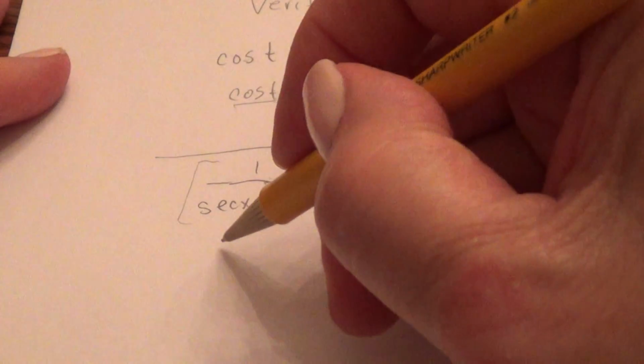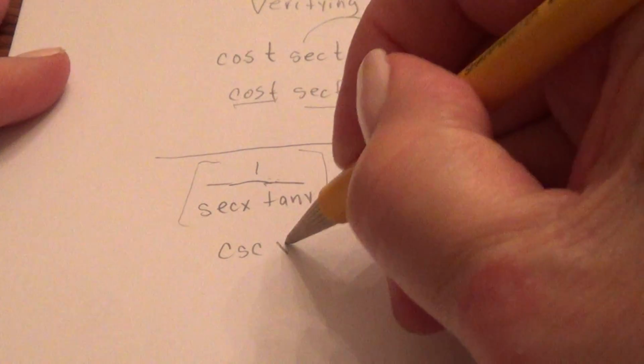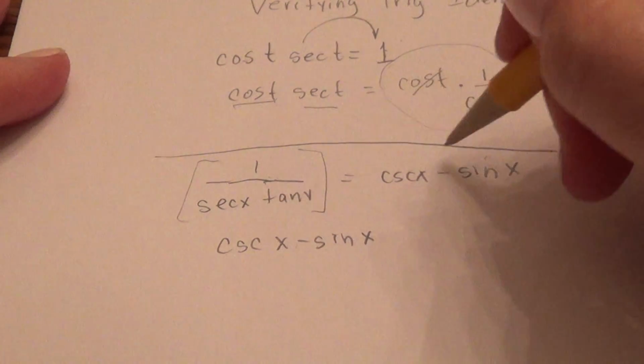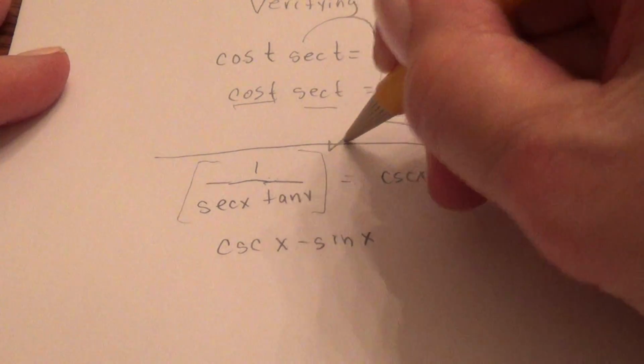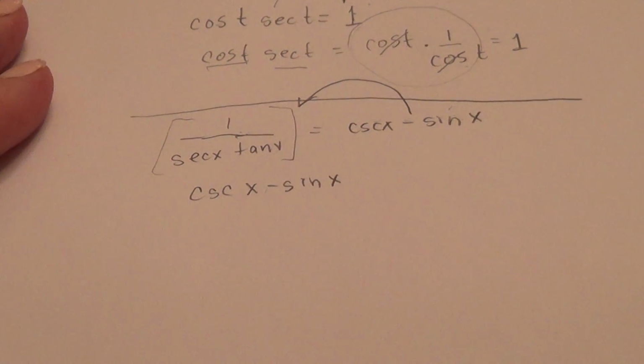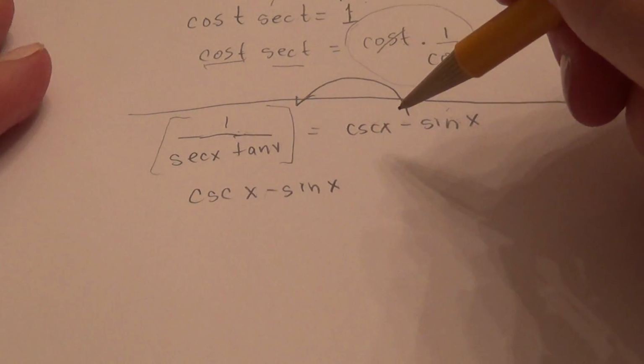So I'm going to go ahead and do that. I'm going to start with this side and end up with this side. Either way, we'll verify that the trig identity is sound.